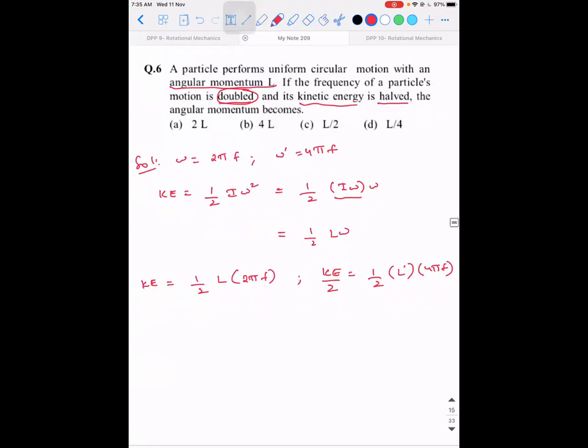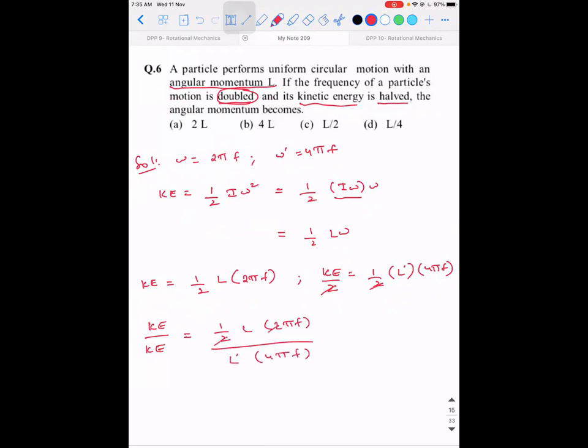So now divide both. When you divide both, 2 and 2 will get cancelled first of all. So Ke divided by Ke is equal to half into L into 2 pi f divided by L dash into 4 pi into f.